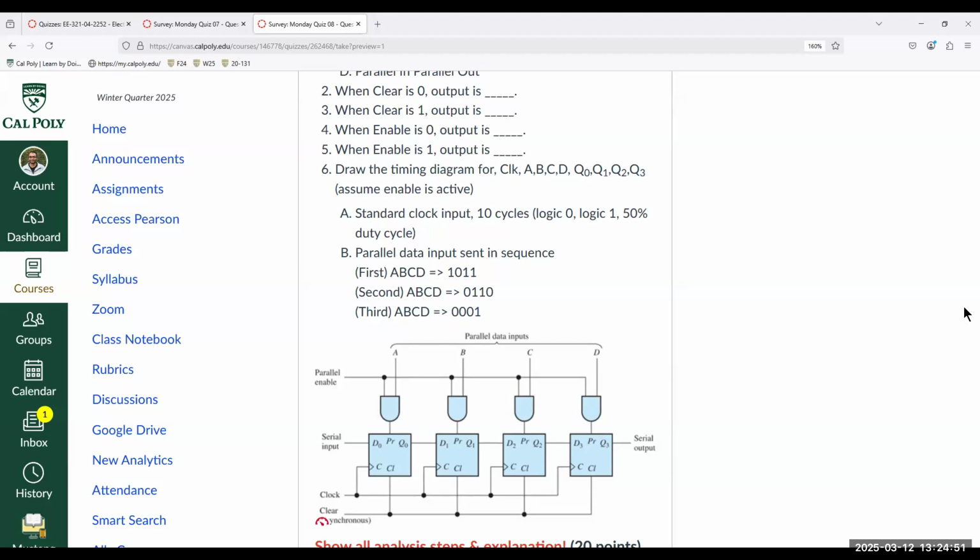So if clear is 0, output is same, does not change. Or output is previous state, does not change. Any combination of those words receive the full credit. When clear is 1, it is active, so output is equal to 0.